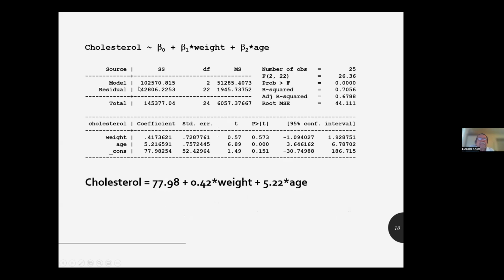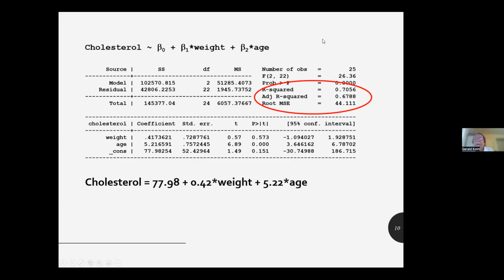So we have the same table here with our sum of squares, our mean square, the average variability related to our model, and the average variability related to the error or the residual. And just as before, we have the F statistic, the probability of F, and the R squared values.